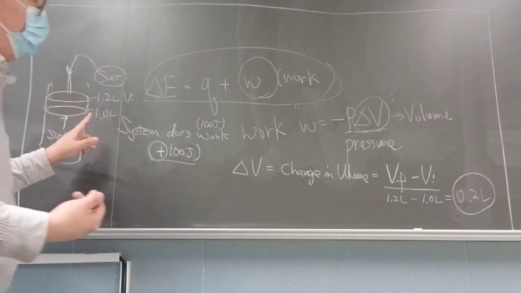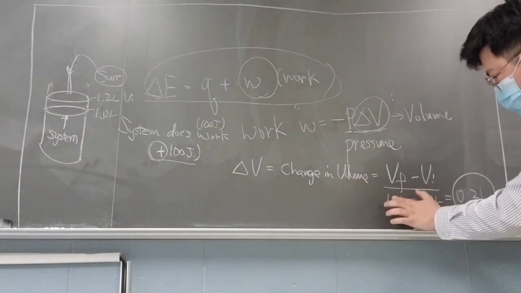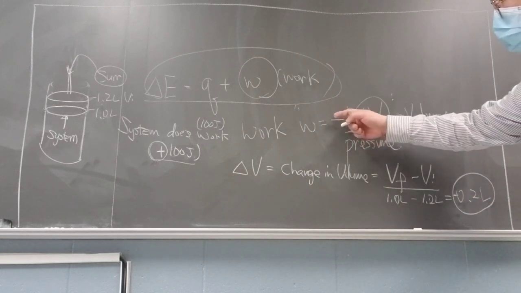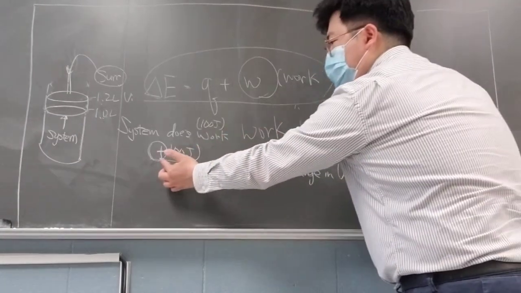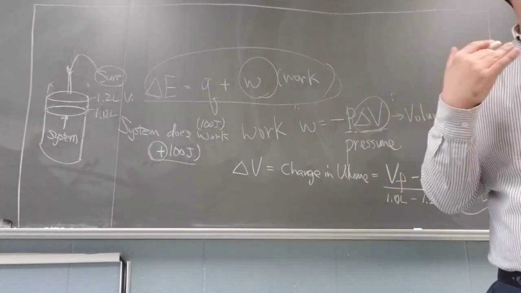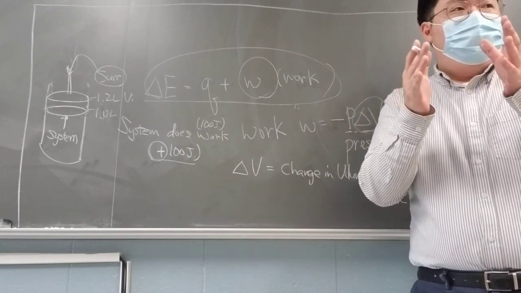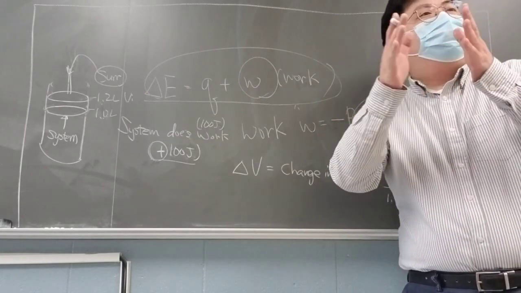But here's the problem. The final volume is 1, minus 1.2, which is the initial volume, will be negative. So negative 0.2 times the pressure will be a negative number. But it has to be positive, because the system actually gained energy. So we put the negative sign, because you have to look at this from the point of view of what? The system.